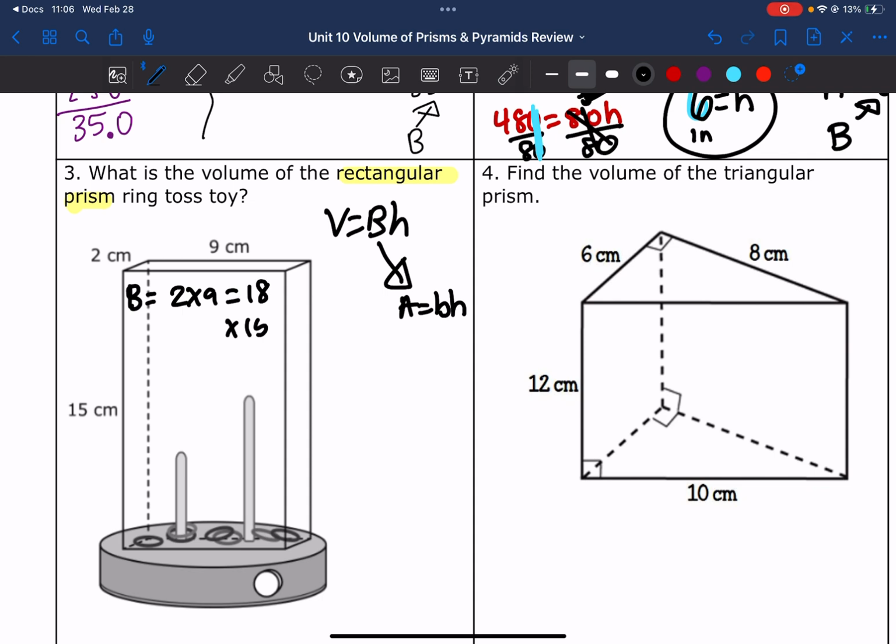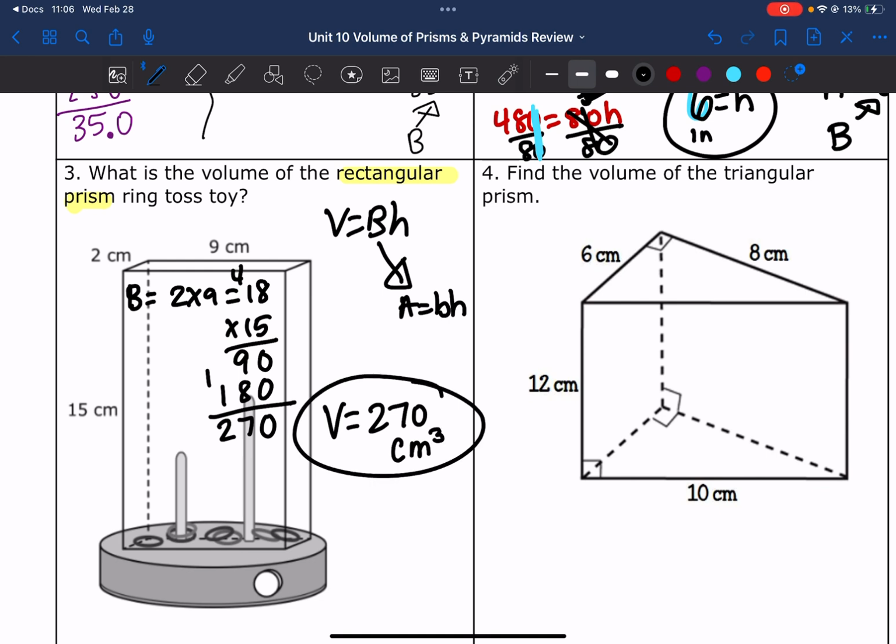And then I take that and multiply it by 15. 8 times 5 is 40. 5, 6, 7, 8, 9. 8 here and 1 here. So I get 17 here and then 2. So my final volume is going to be 270 centimeters cubed. Okay, moving on to number 4.